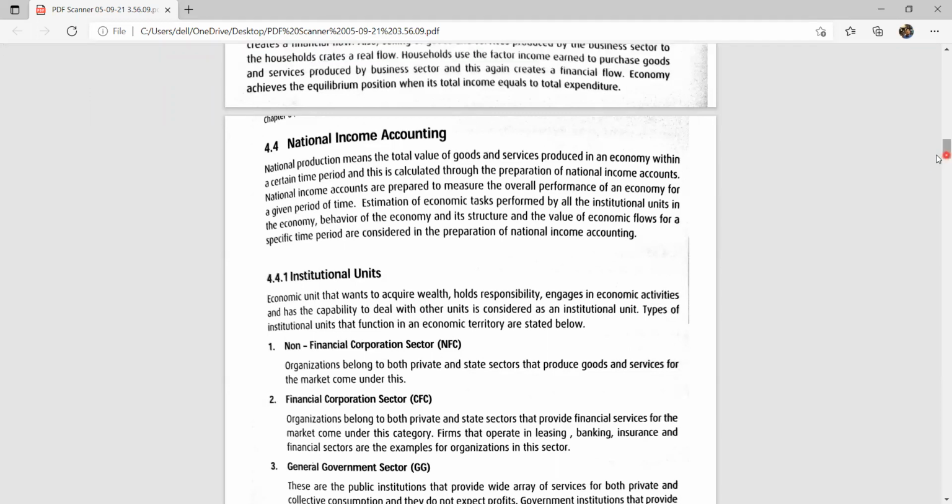Every country in the world should prepare national accounts, and national accounts are made by using a system known as SNA, the System of National Accounts, 2008.